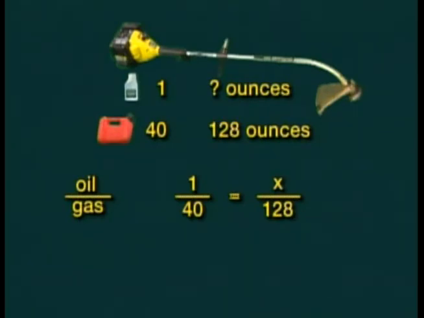To solve for X, cross-multiply. 40X equals 128. Divide both sides of the equation by 40. X is 3.2. 3.2 ounces of oil should be added to the gas. That'll provide the right mixture for the weed trimmer.